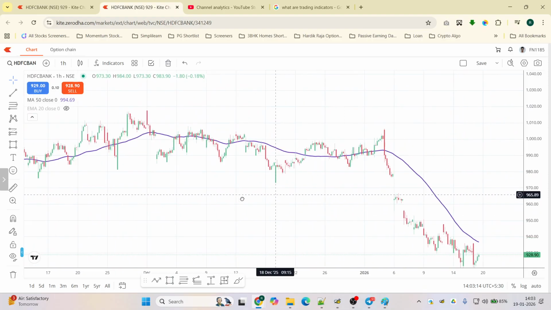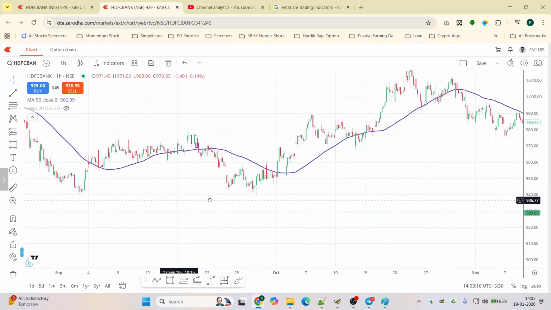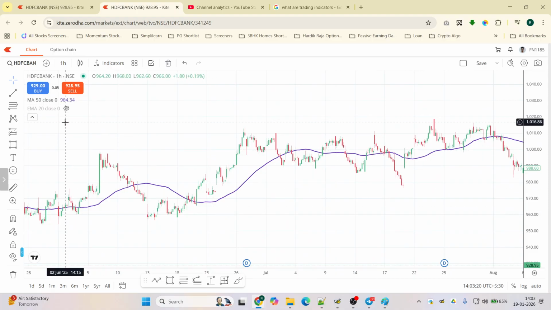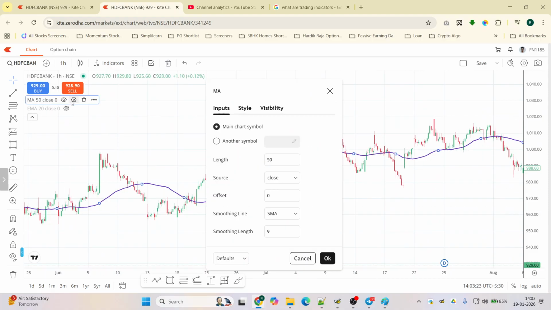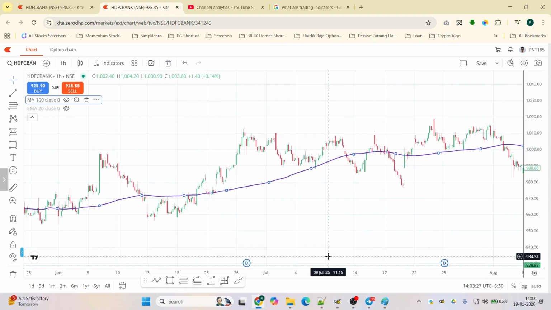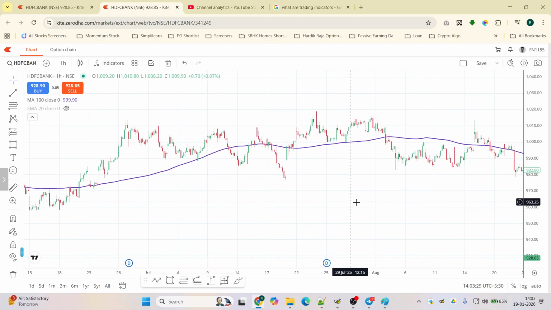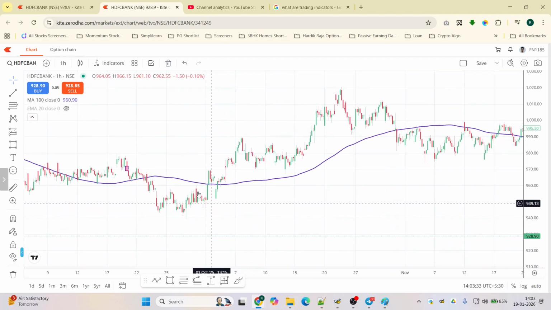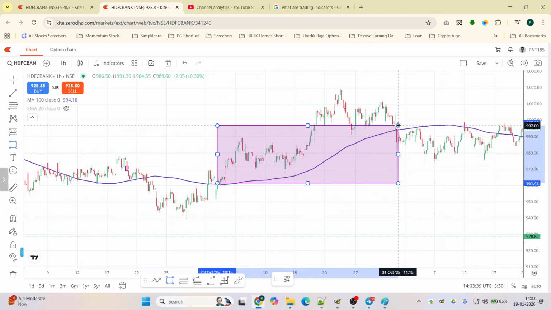So if you average for more number of candles, you can capture longer trends. Say for example, I'll show you for 100. See this area, I'm just marking. This trend started here and ended here, right?